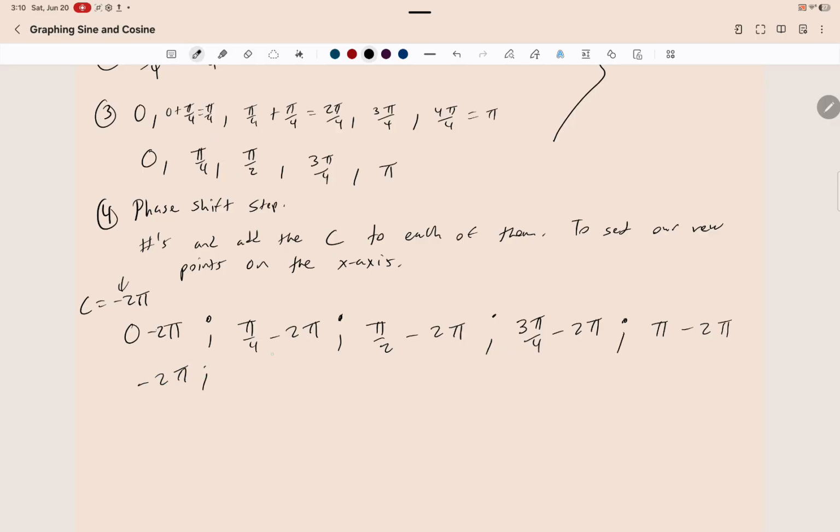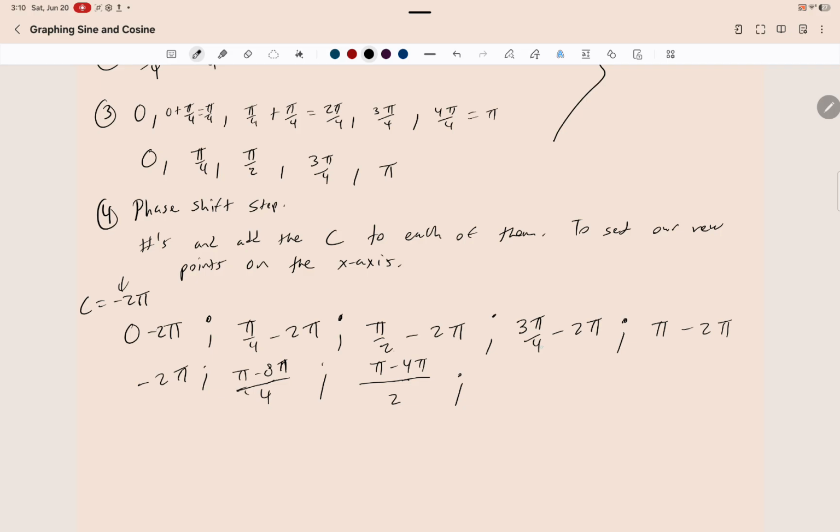Then here, in order to do this, I'm going to multiply this by 4, so I get 8 pi over 4, and we'll reduce later. I'm going to do the same thing here. That's 2, so I'm going to multiply this by 4 and write it under 2, so I get pi minus 4 pi.